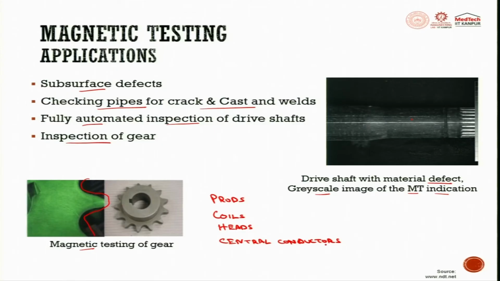Central conductors could be something equivalent to the coils I just talked about, but these can be placed between the heads of the part and between the bar. These two can work in unison to get the output image and the magnetic field information.